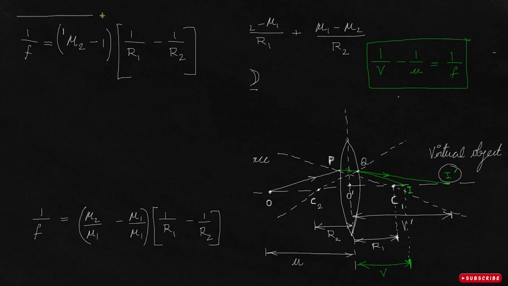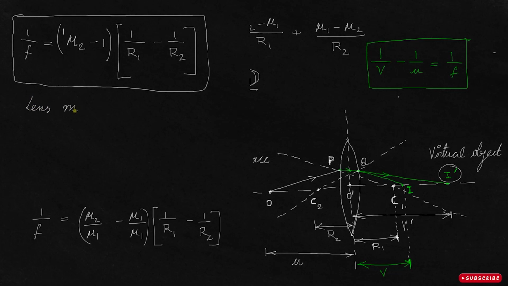So this is the final expression, and this expression is called the lens maker's formula. Clear?